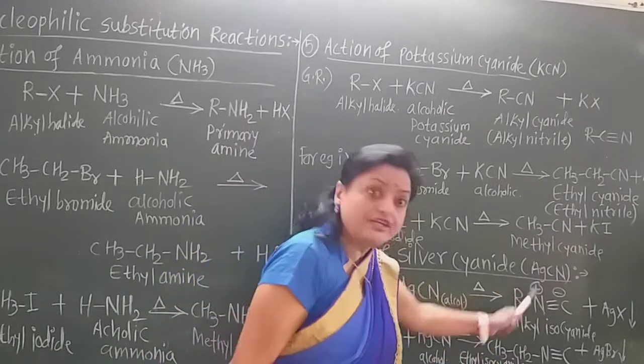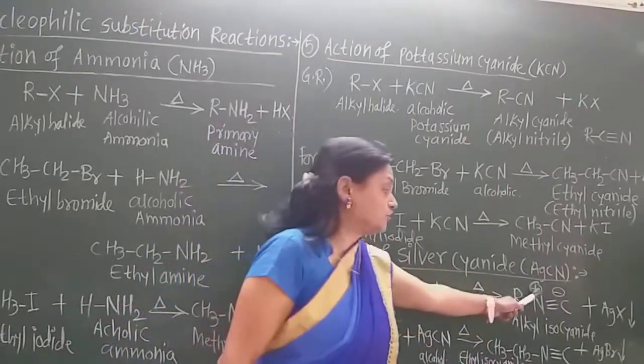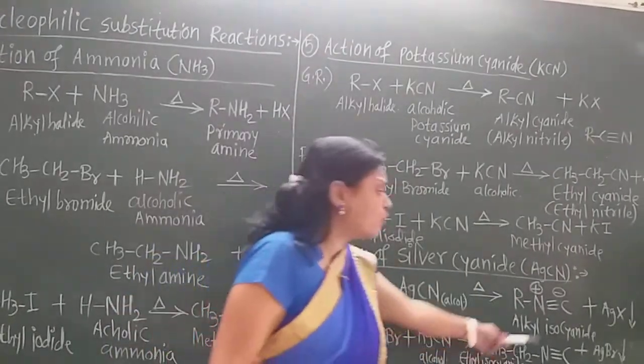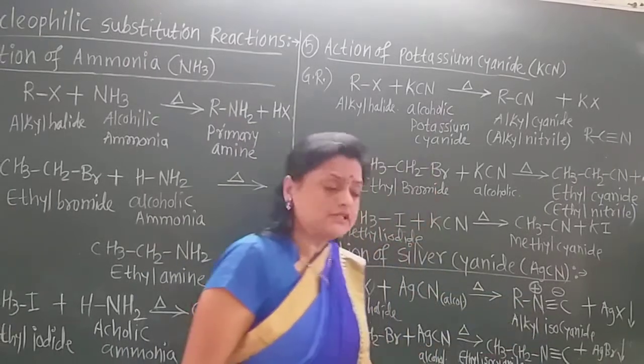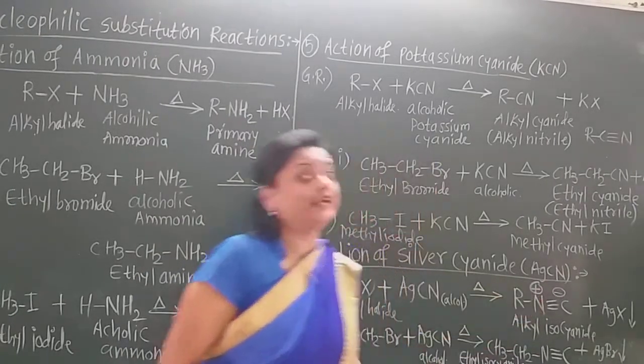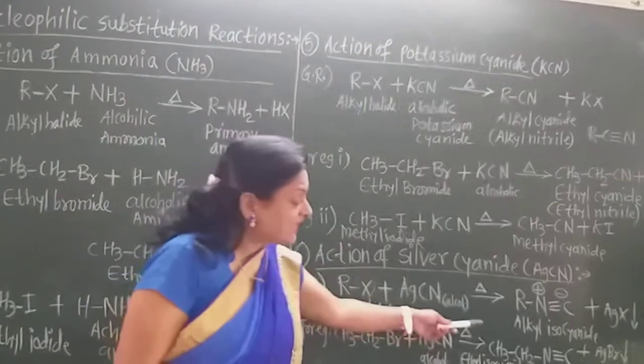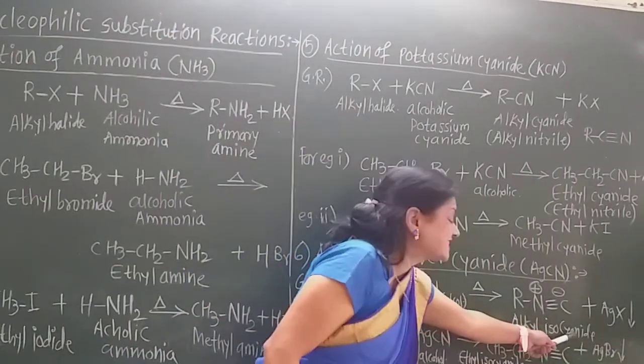That means the lone pair is used up, and so there is the positive charge. And carbon has only 3 bonds, so this is the negative charge for that 4th bond. In this way, this is the alkyl isocyanide.